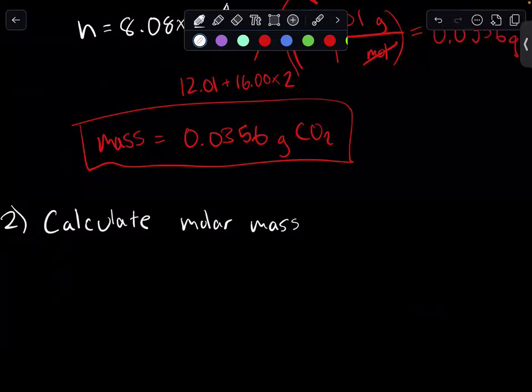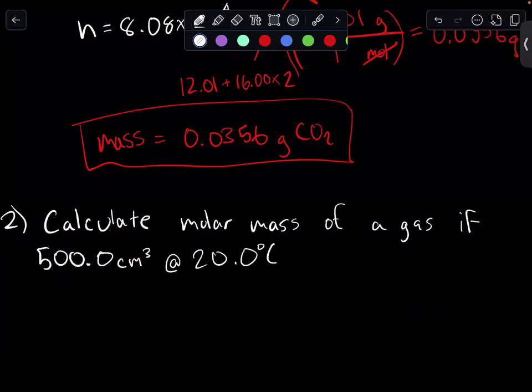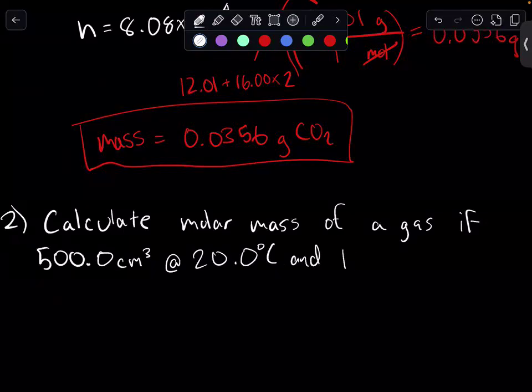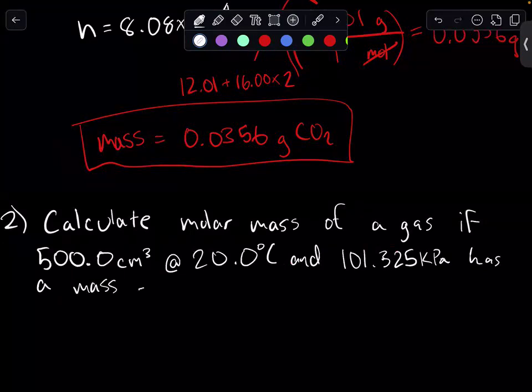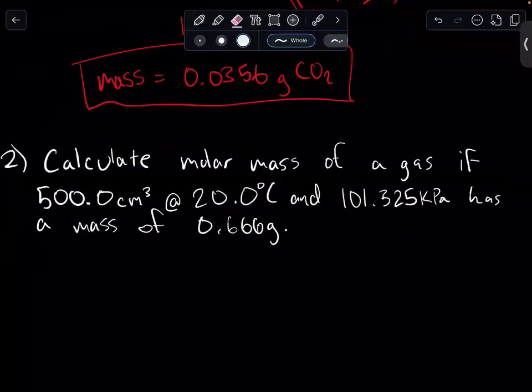So now we're looking for the molar mass of a gas if 500.0 centimeters cubed at 20.0 degrees Celsius and 101.325 kilopascals has a mass of 0.666 grams.